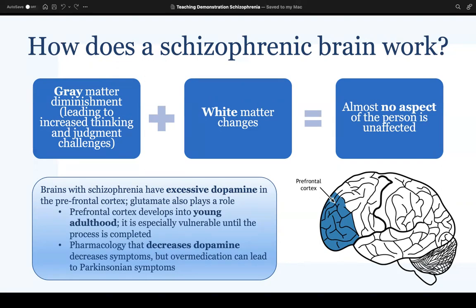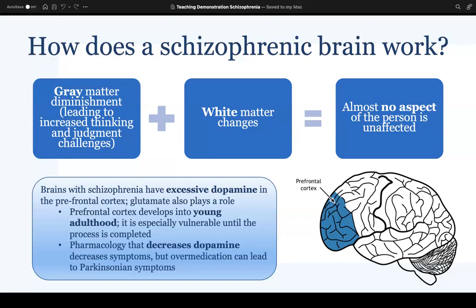The thing that I really want to emphasize here is that brains with schizophrenia are marked by excessive dopamine in the prefrontal cortex. Glutamate also plays a role, but the prefrontal cortex is the place where we are learning about judgment and executive function.